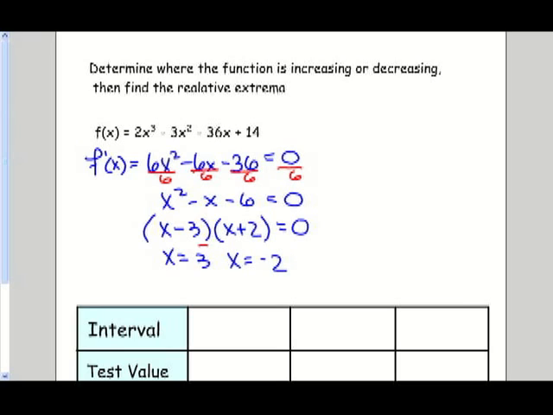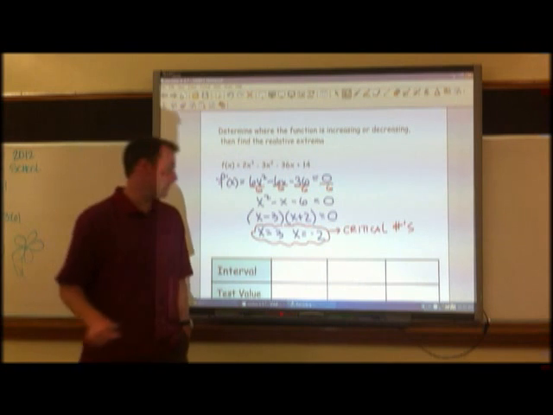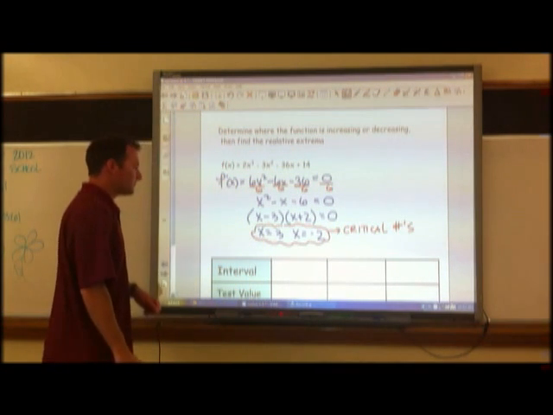Now, these values here are critical numbers. That means that any relative extrema are going to happen at one of these two numbers.